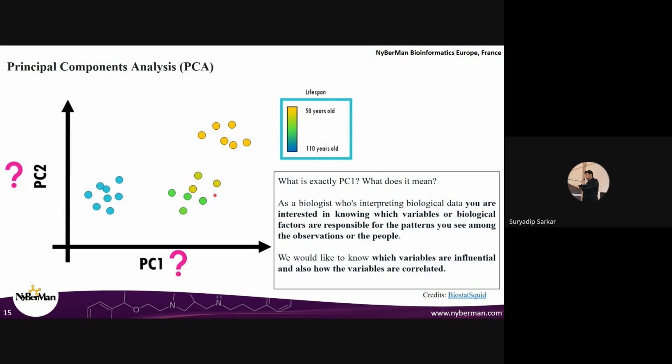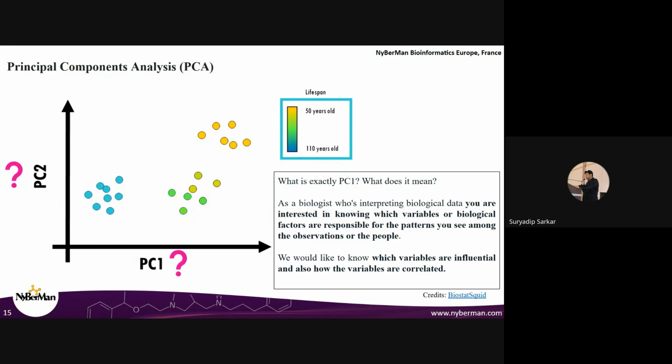You cannot say that in my experiment I saw PC1 was explaining 50% variance and it was able to separate this group from this group really well. What is PC1? There is no explanation for PC1. Nobody knows what PC1 is in your data.